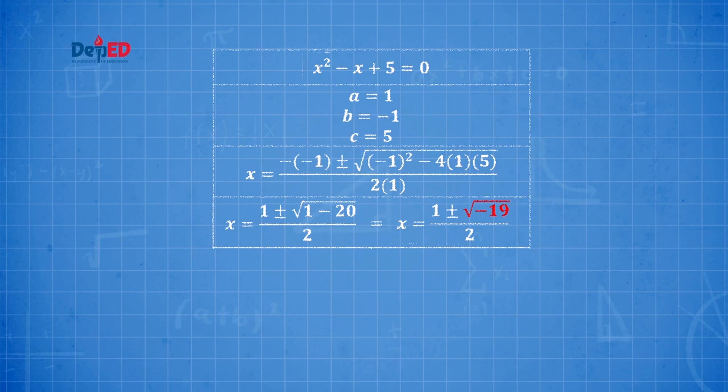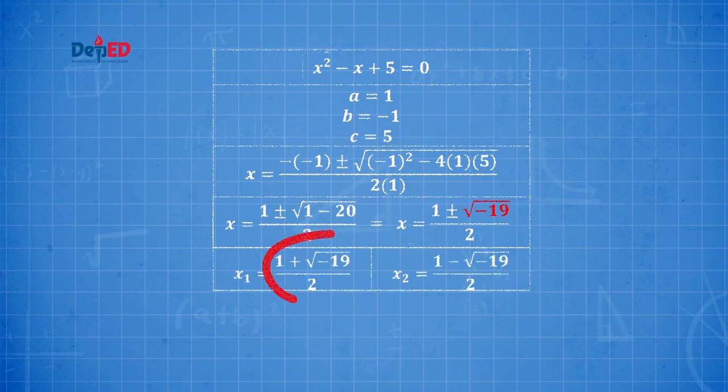It is not a real number. Third S is split. Fourth S is solve for x. 1 plus the square root of negative 19 all over 2 and 1 minus square root of negative 19 all over 2 as the roots of the equation, of the form that doesn't use the imaginary unit I.